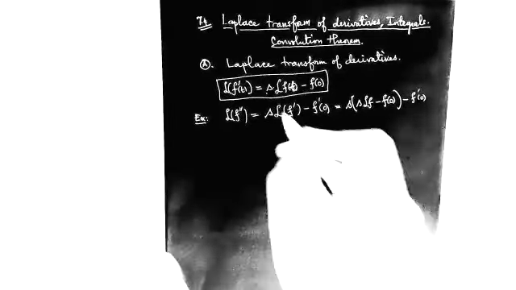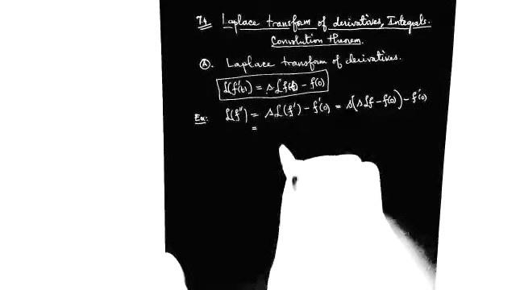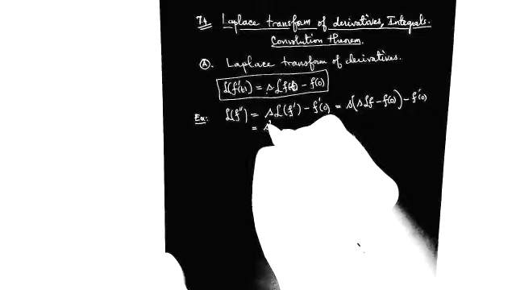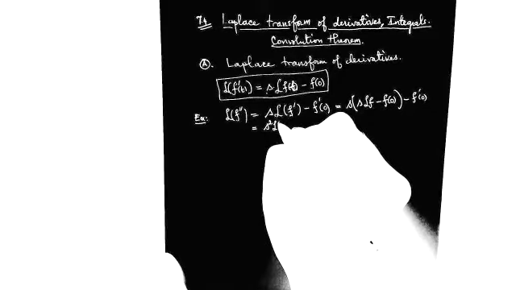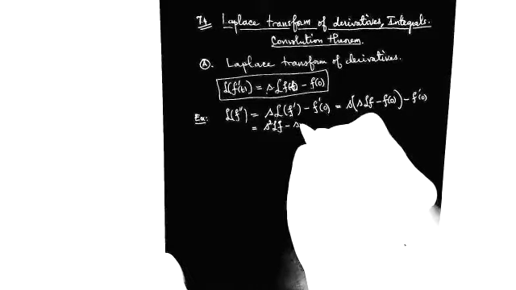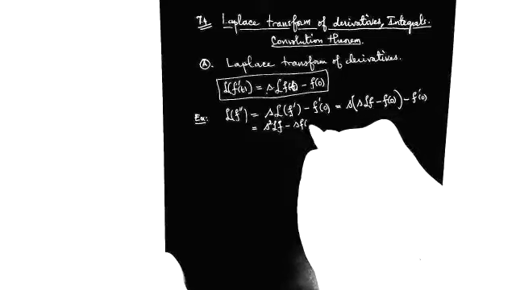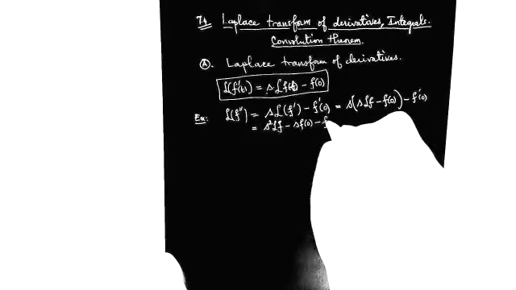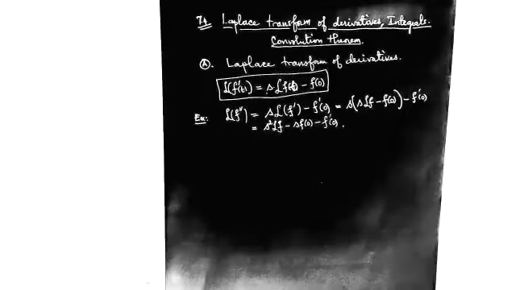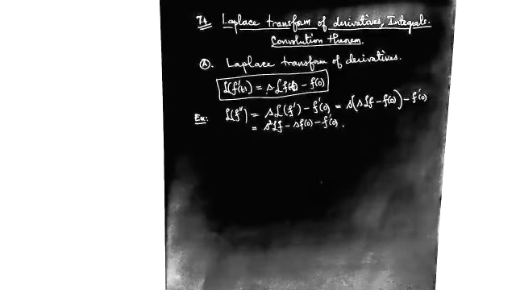So you can open those parentheses and see that the Laplace transform of the second derivative is s squared Laplace transform of f minus s f of 0 minus f prime of 0, and so on. You can find the Laplace transform of the third derivative, the fourth derivative, continuing the same way.